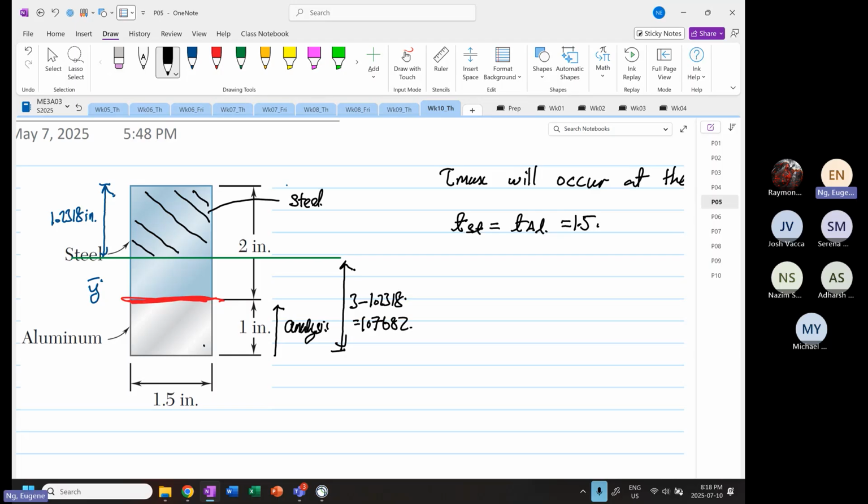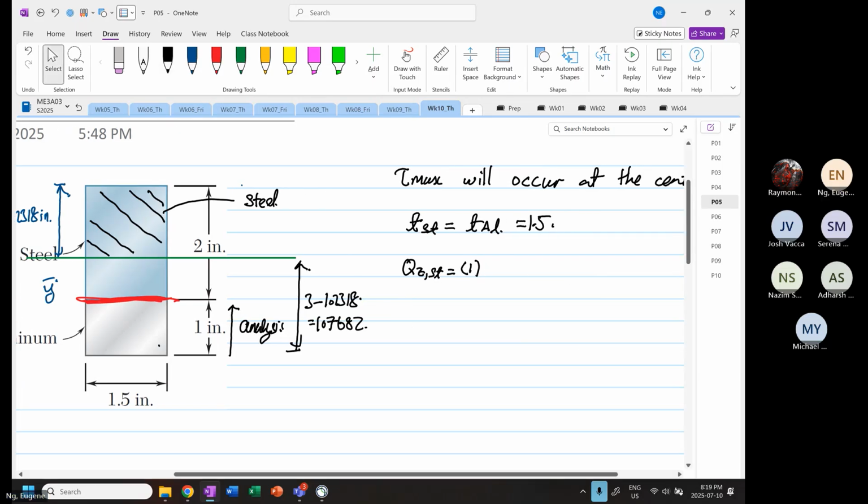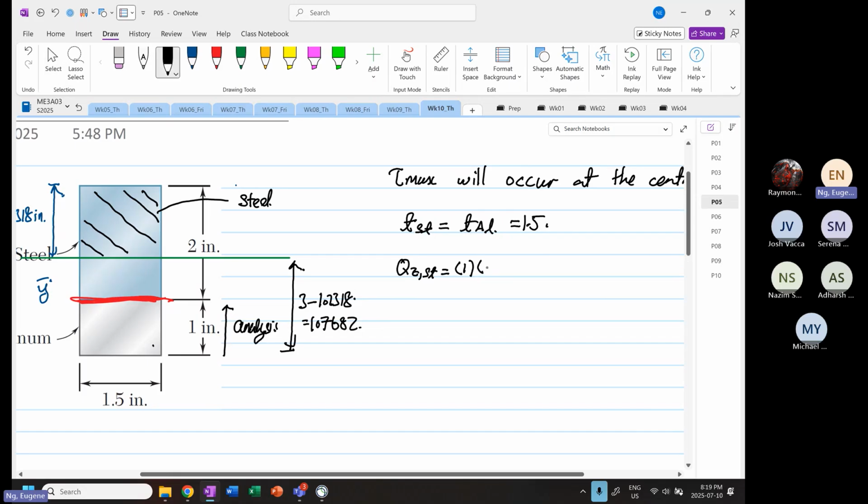So the Q of steel, or ST, so the width, or the N, is 1, multiplied by 1.5.